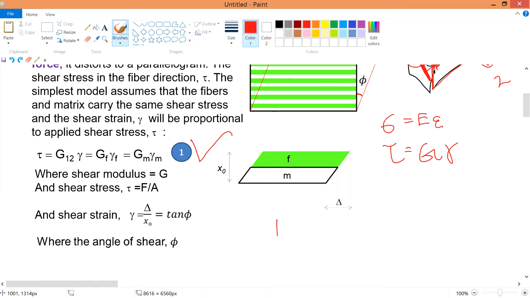Your x0 is always the same, while this side is changing. As you switch a certain angle, this side is going to increase, and as you go further, this length will increase.